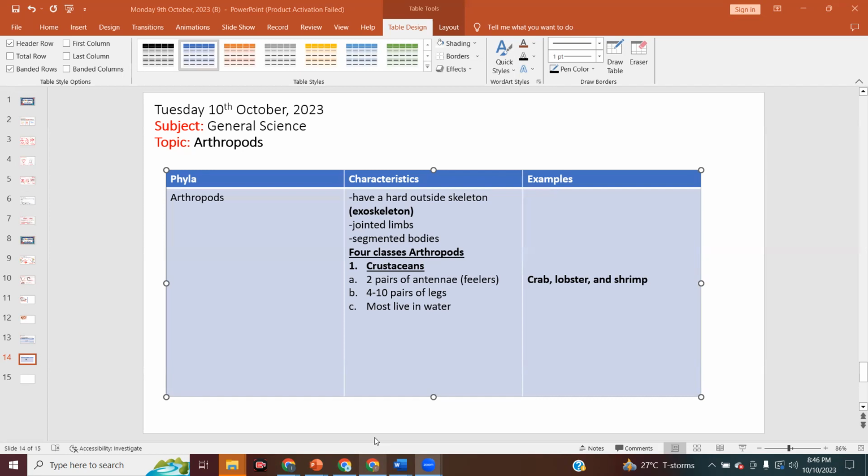Chardonnay, give me an example of a crustacean. Lobster. Shion, give me an example of a crustacean.